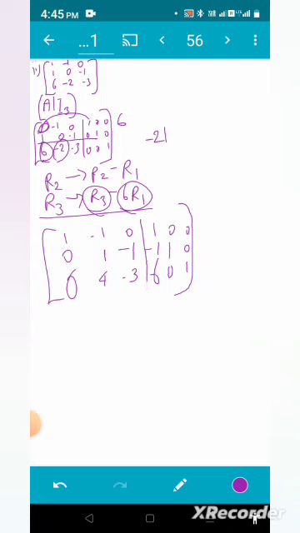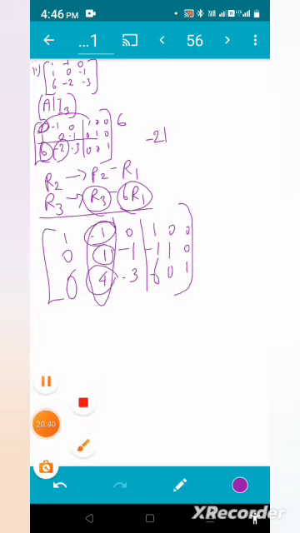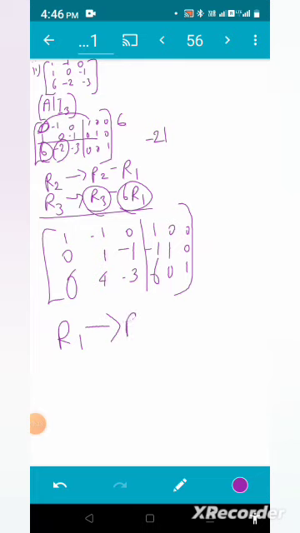From this we can interchange. 0 1 0, this is 1. So we create this 0. So for this R1 gives R1 plus R2, because this is minus 1 and I want a plus 1 here. Similarly, R3 gives R3.